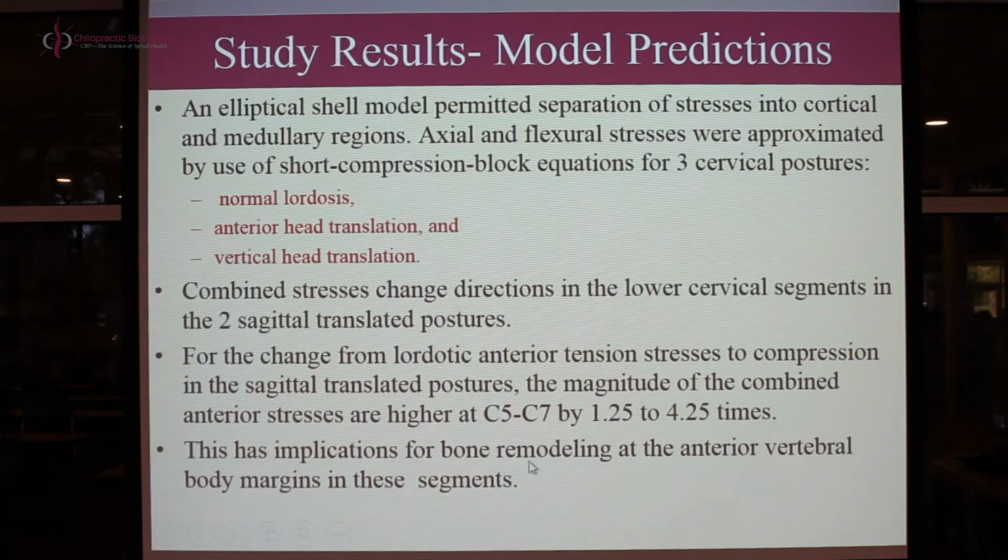So basically, a factor of 1 to 4 times greater magnitudes of load experienced in my lower cervical spine tissues. We suggested that this has implication for bone remodeling, which is bone spurring, osteoarthritis, disc degeneration, etc.